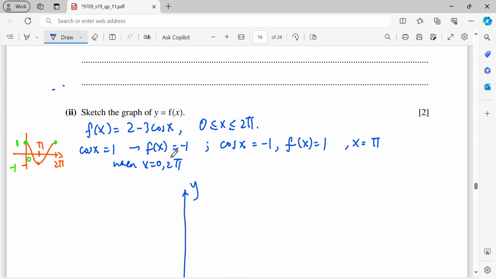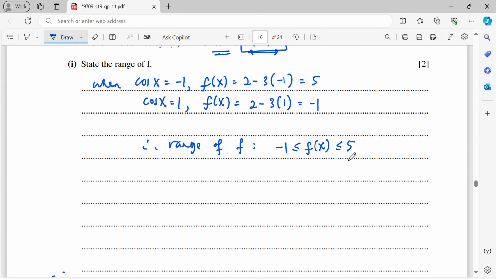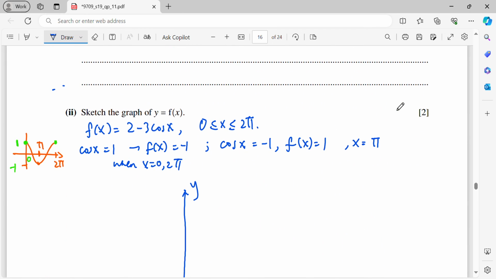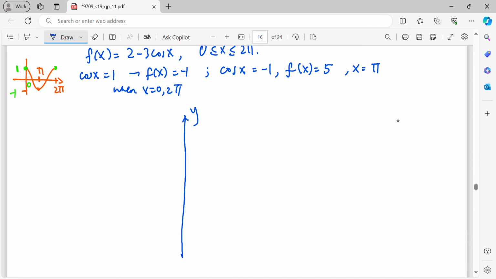My range is from minus 1 to 5. So when cos x is 1, I get minus 1, and when it is minus 1, I get 5. So here 1, 2, 3, 4, 5, and this is minus 1.